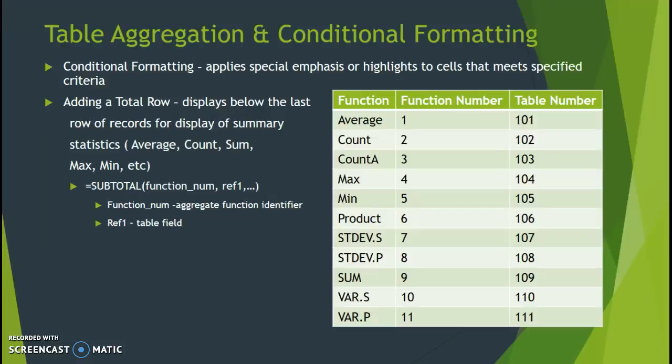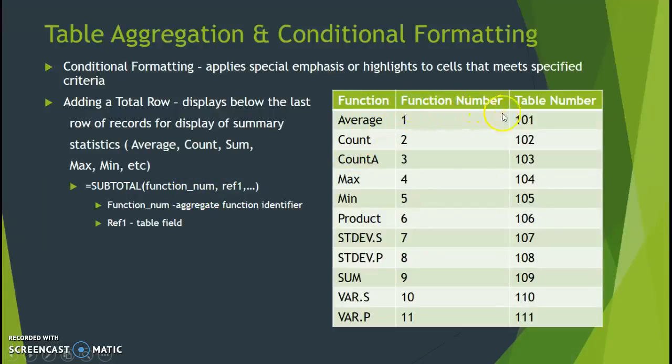Beneath, on the next bullet here, I have an example of the format for a subtotal. This is actually a function call within the Excel table. And you specify two arguments in this particular subtotal computation, and it references over to the right.